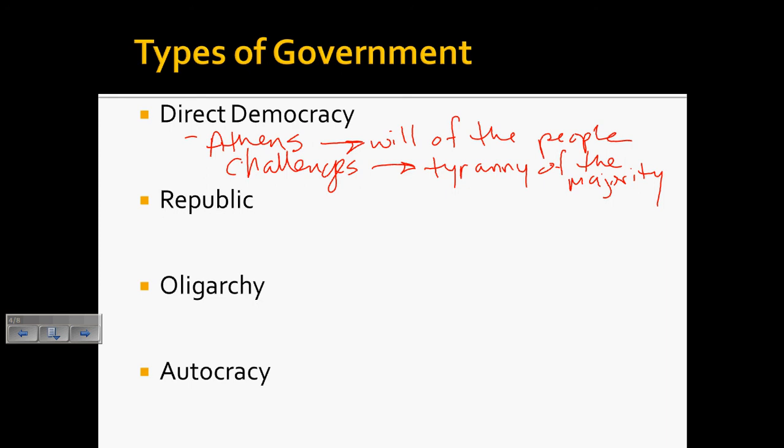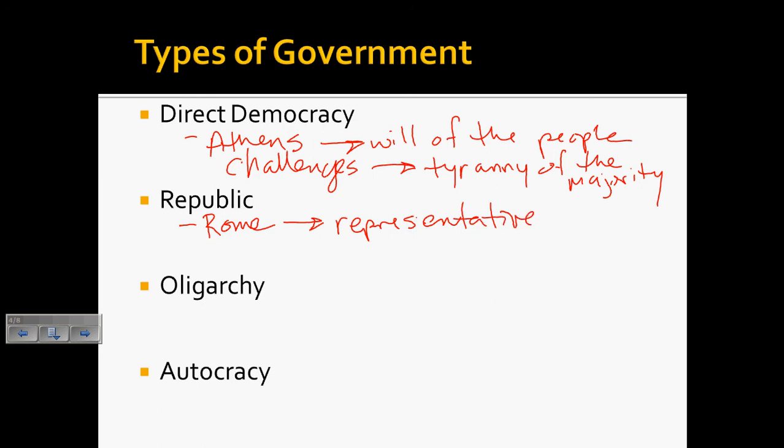If we look at the idea of a republic, what we're really looking at in terms of ancient society is the republic that comes from Rome. The whole idea of a republic is that instead of every single member of society voting, representatives do the governing.